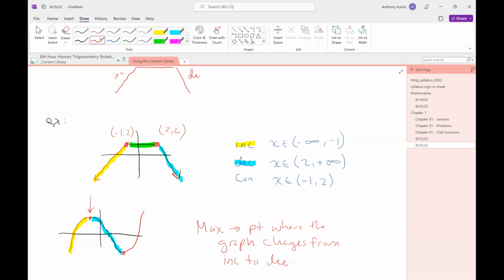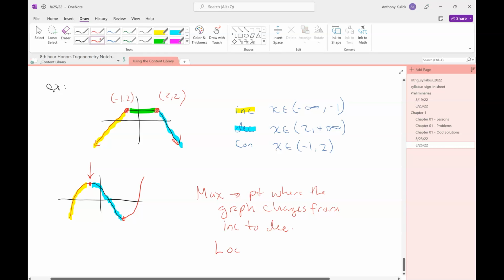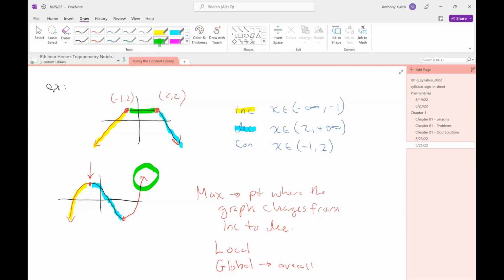How many types of maximums are there? There's 2. You have local, and then you have global. The global maximum is the overall highest point. Does this graph have a global maximum? Assume we have arrows at the end. No. Why not? Because it's got an arrow pointing up, right?